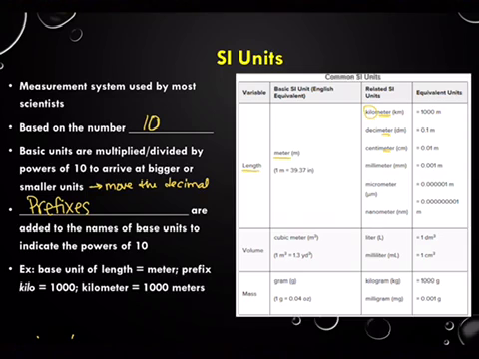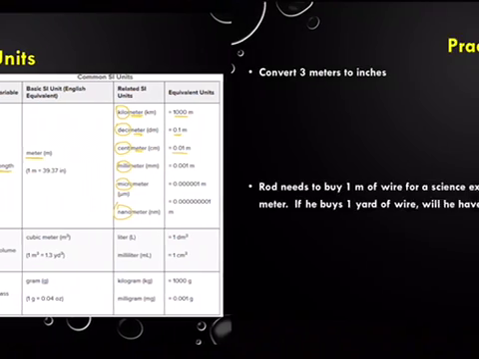But the prefixes indicate a certain number. So kilo indicates 1,000. Deci means 0.1. Centi means 0.01, and so on down the line. So, we talked about that.